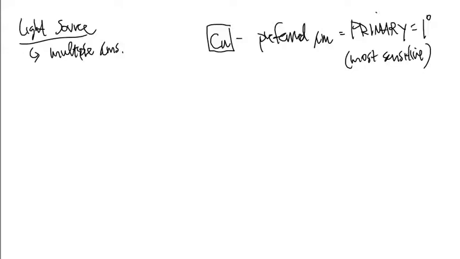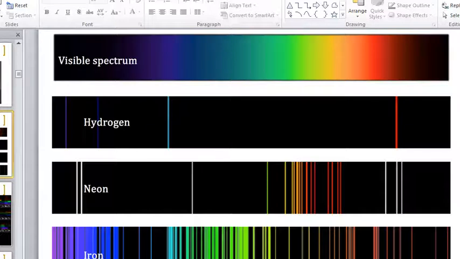But if you go back a couple of videos and you look at when we described the absorbance and the emission spectrum, what you'll see is that some of these colors absorb light, and they absorb multiple lines of the spectrum.